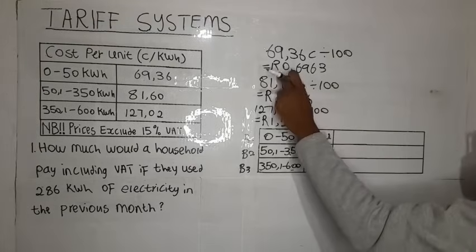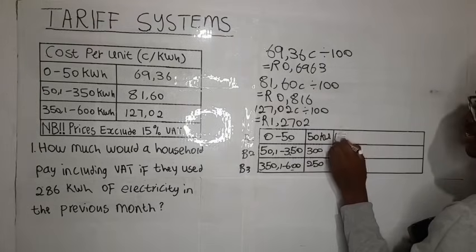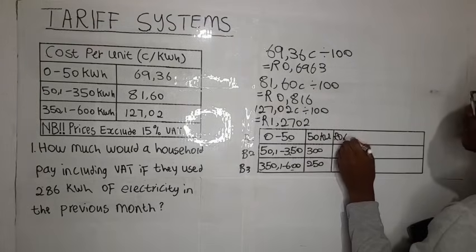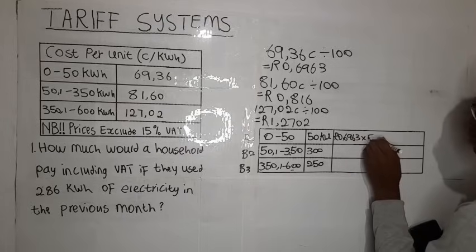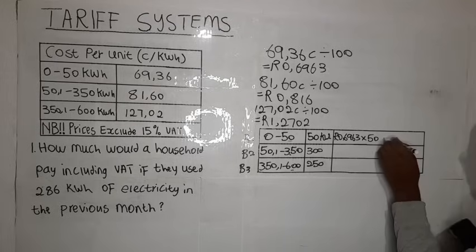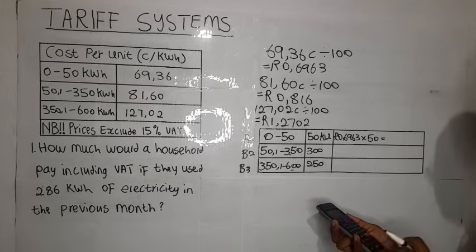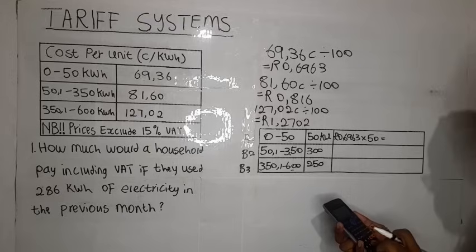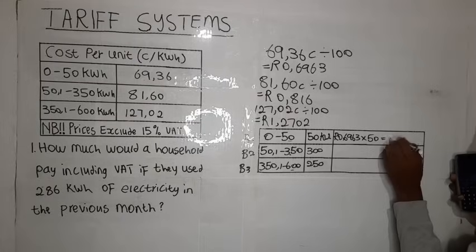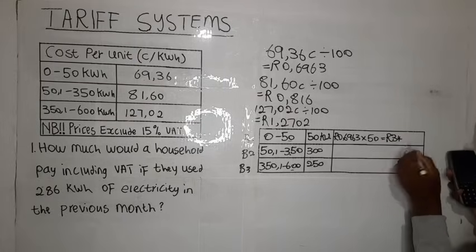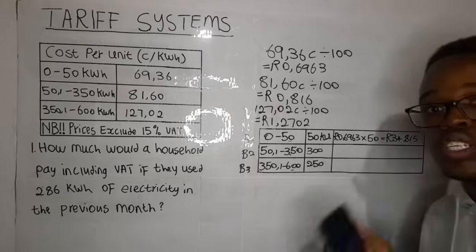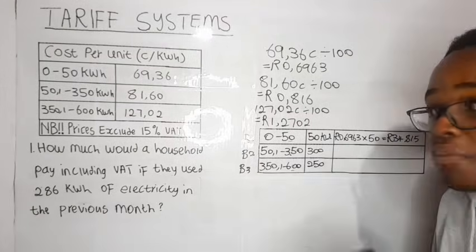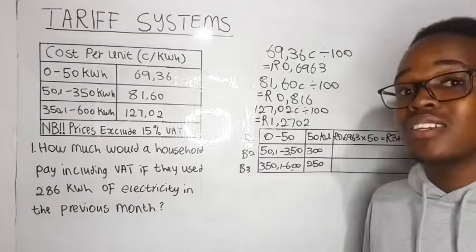So you're going to take this amount and say 0.6963 multiplied by 50 kilowatts. It gives you 34 rands 815. You do not round up. You're only going to round up the final answer.